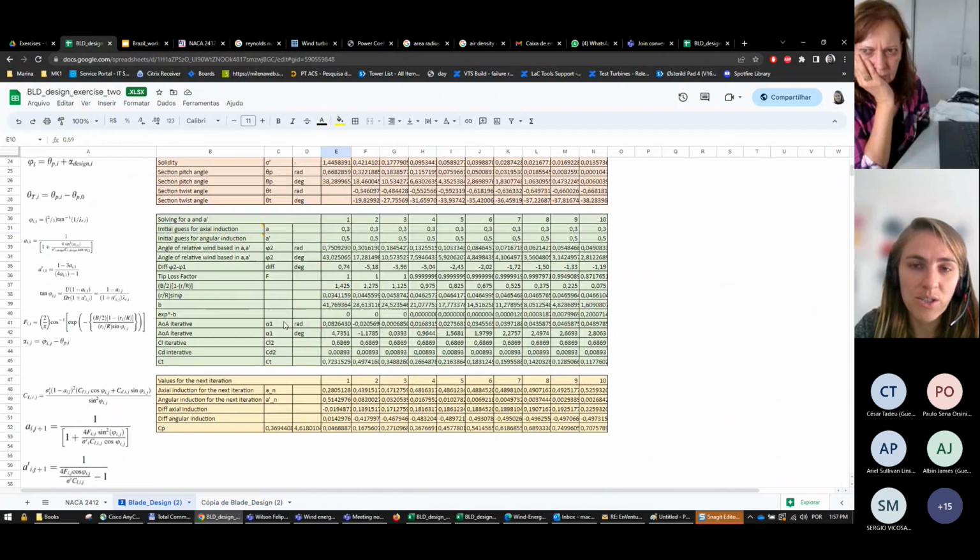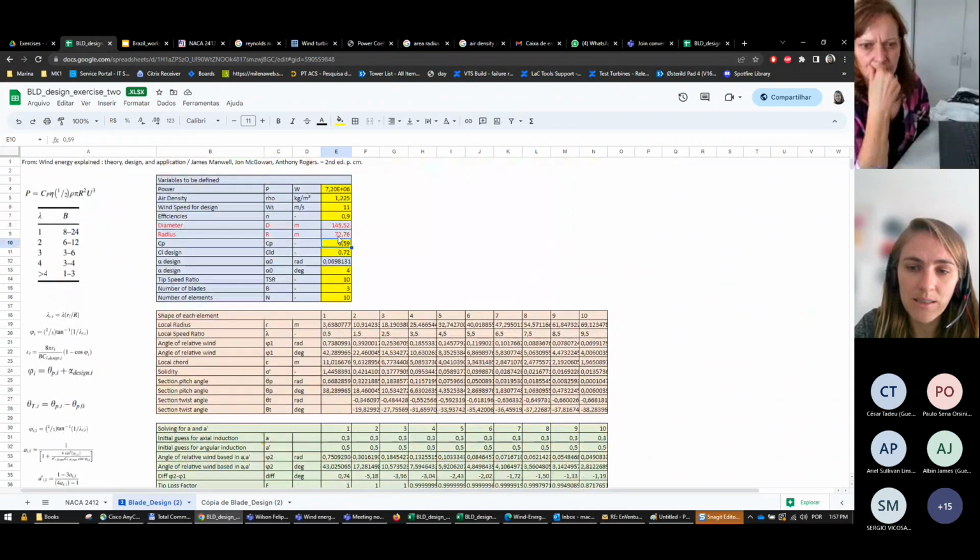In the previous iteration we had 72 meters of radius, now 91.